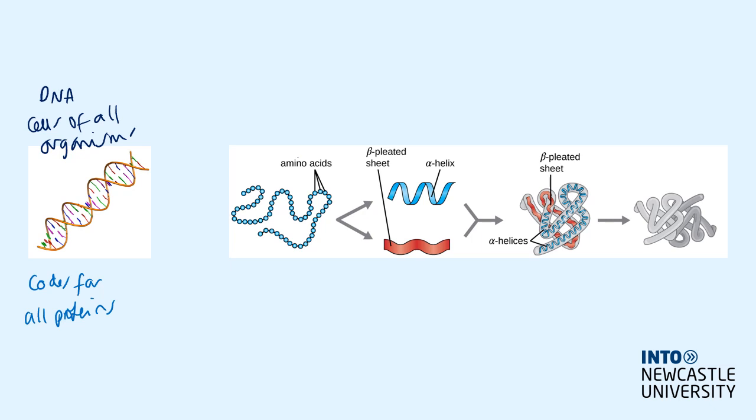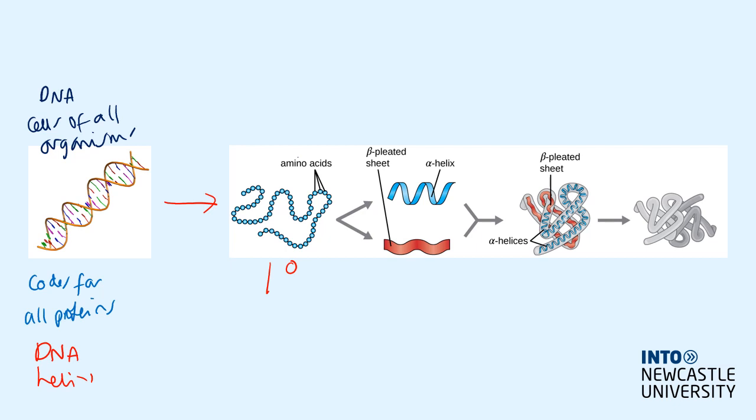And it's going to be passed on from one generation to the next. The genetic code describes how this occurs, because we need to get from the DNA helix to the protein, and we need to code for the primary sequence of the protein.